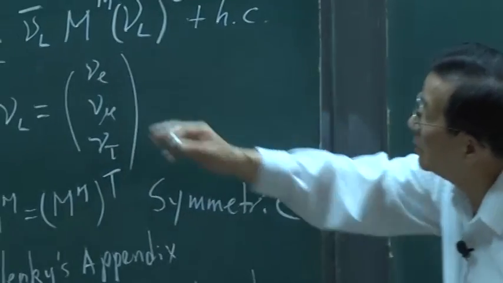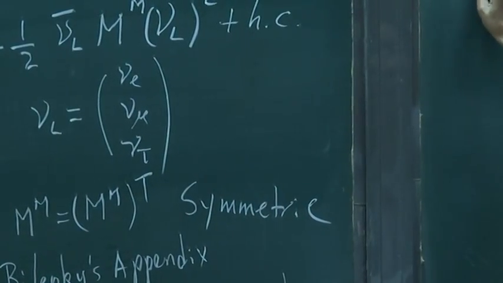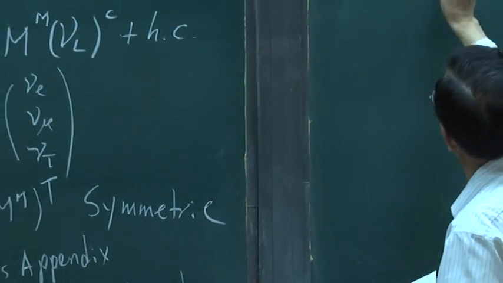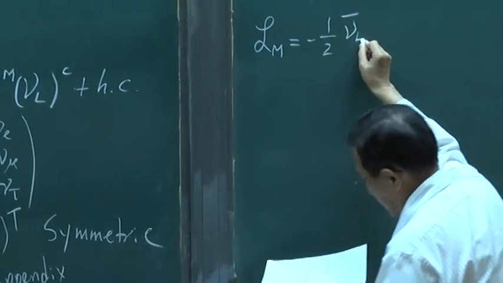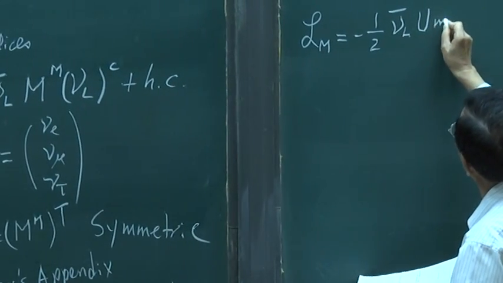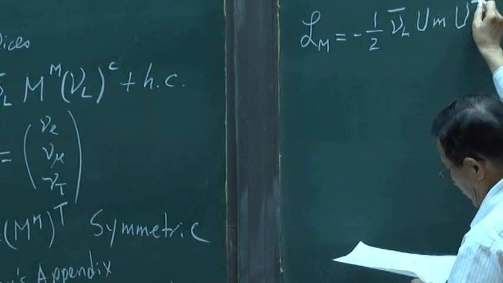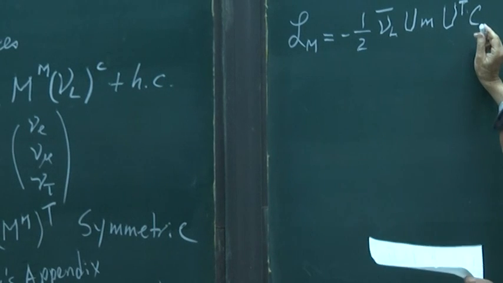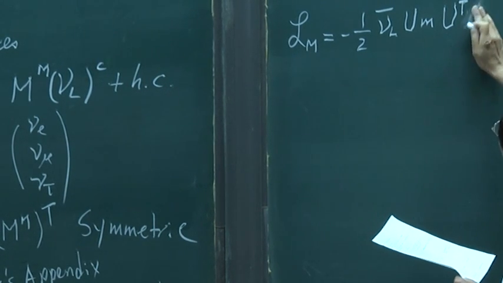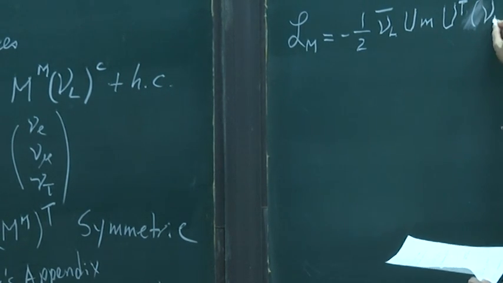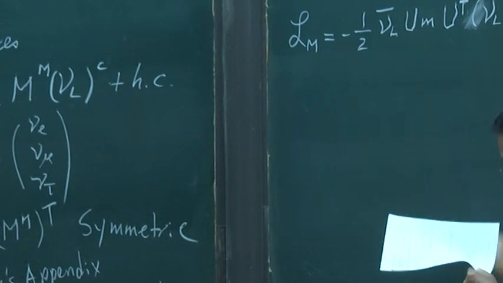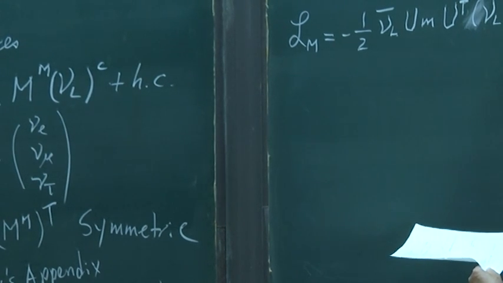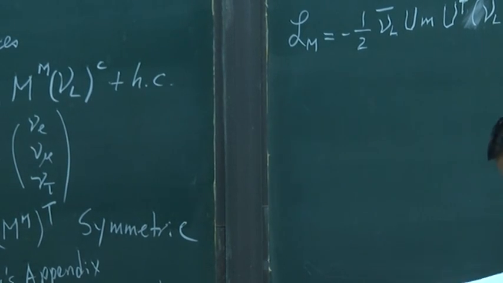Then I can put this in here, and the mass term is equal to minus one half nu bar L U m U transpose nu L C, plus Hermitian conjugate.